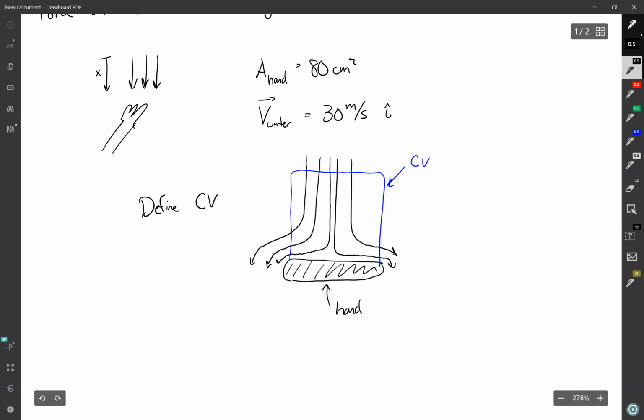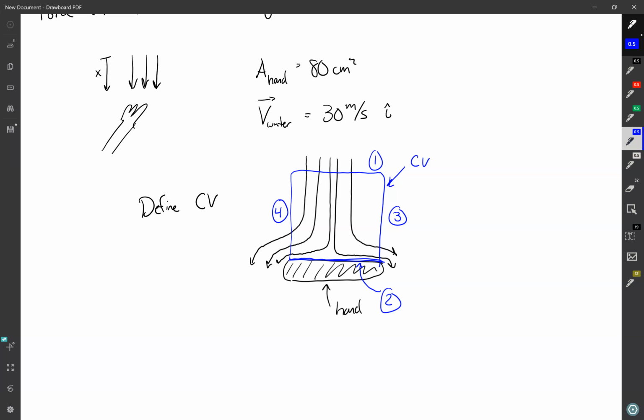surfaces to that. We would have a top surface we'll call 1 and a bottom surface 2, which is down here at the bottom. And then we also have the front, side, and back. We'll call this maybe side 3 and side 4. We'll just look at the left and right side.